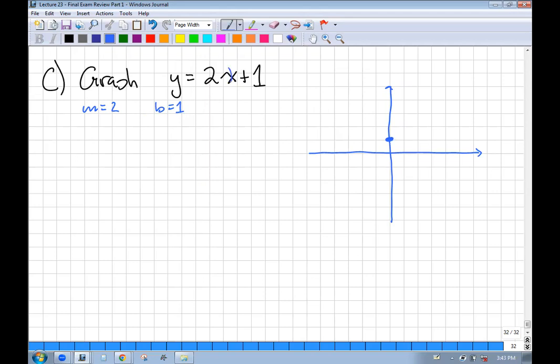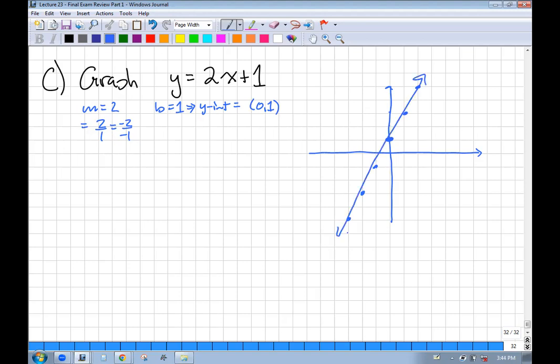If I let x be 0, then y is equal to 1. That's what the b tells me. Slope is 2, which is the same as 2 over 1, or negative 2 over negative 1. It's your rise over run. This says go up 2, go to the right 1, up 2, go to the right 1, up 2 to the right 1. Or I can go down 2 and to the left 1, down 2, left 1, down 2, left 1, down 2.